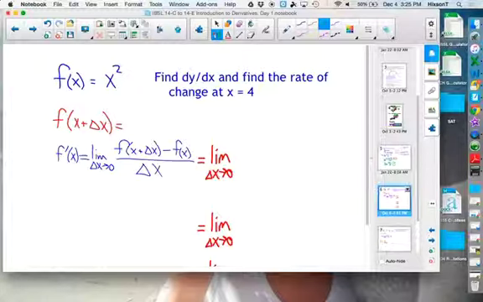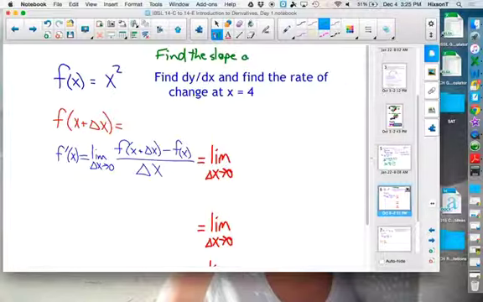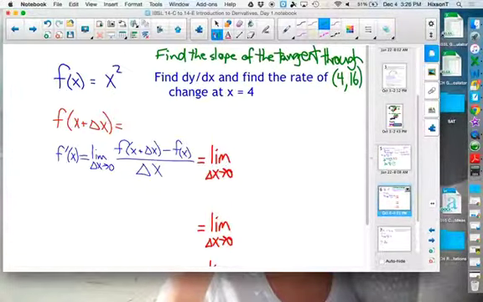They might also say find the slope of the tangent line through the point (4, 16).